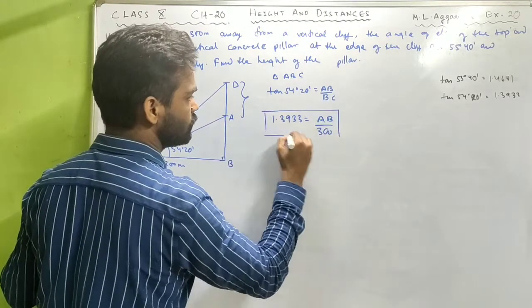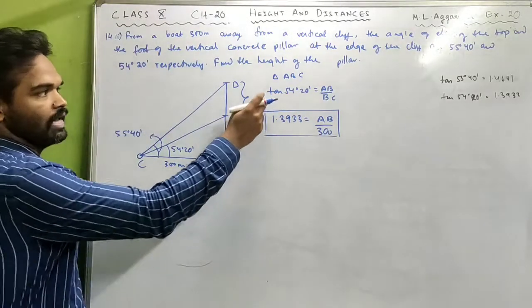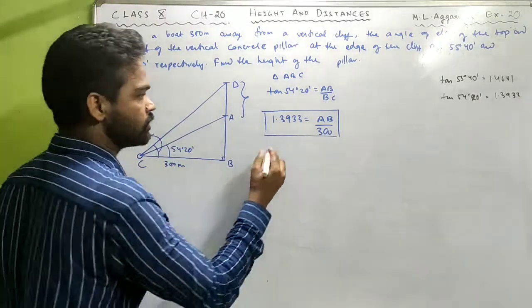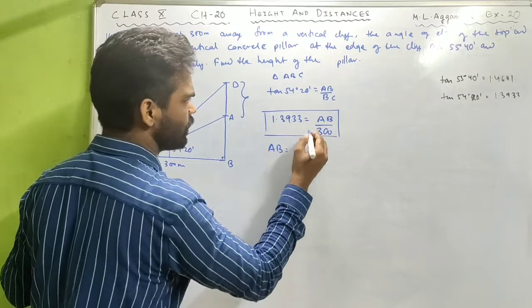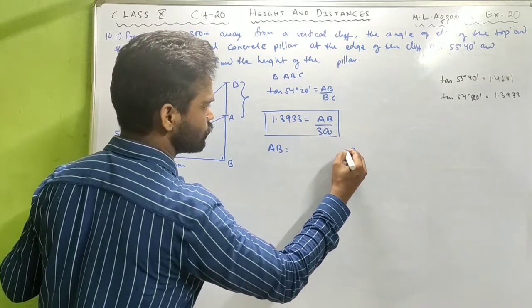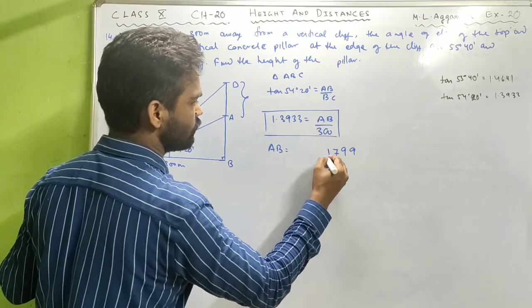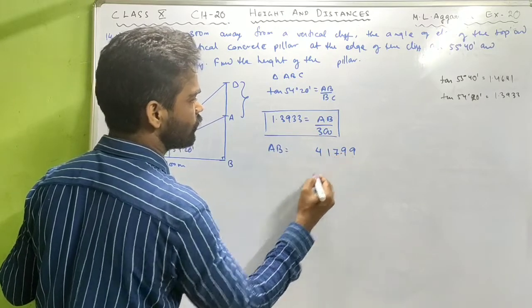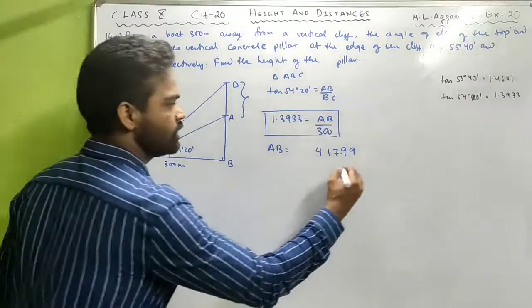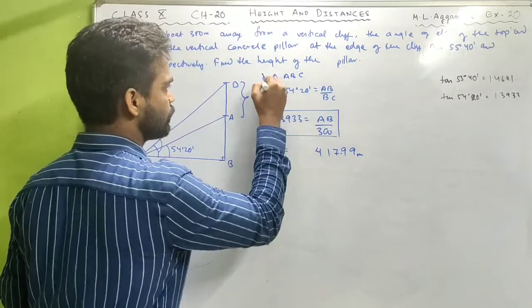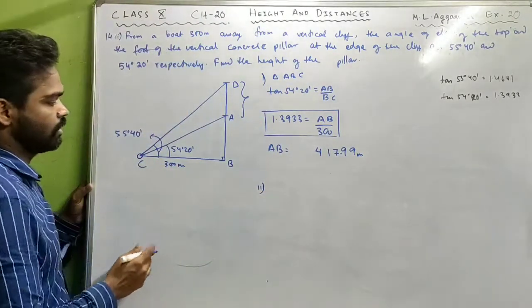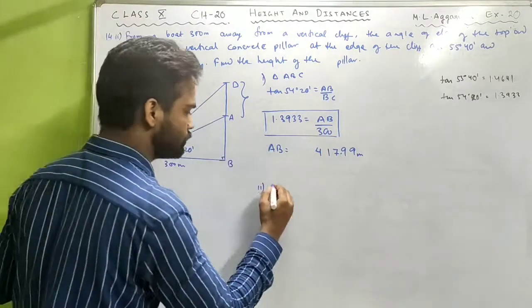I'll make a video on how to see the values. Okay, now AB, you multiply by 3: 3 3s are 9, 2 3s are 6, 3 9s are 27, 3 3s are 9, 10, 11. This is 414.99 meter.